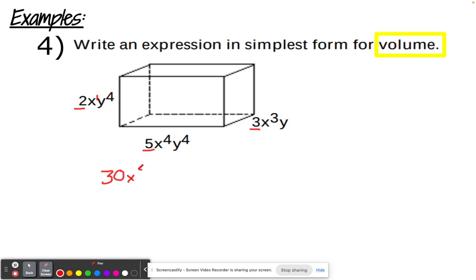So I have x to the 8th power. Then my y, I have 4, 8, and 1 more, 9. Y to the 9th power. That would be the volume of this rectangular prism.